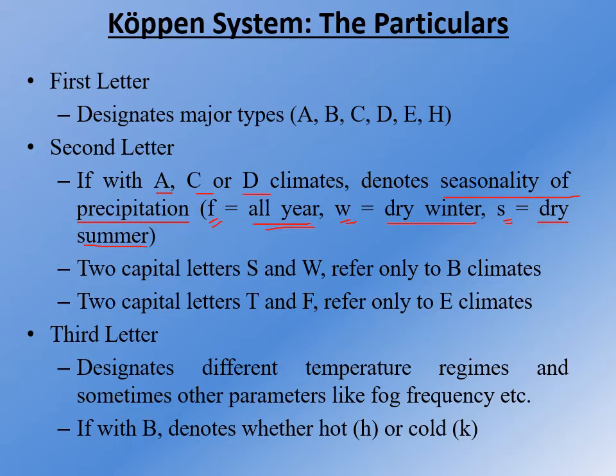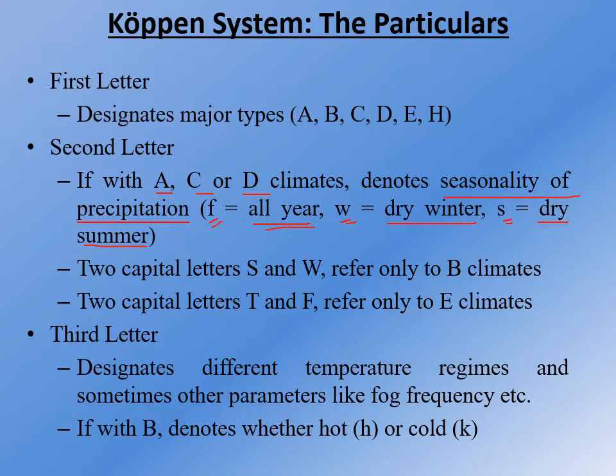But in case of B climate, Köppen used two capital letters, that is S and W, which is indicating the aridity of the climatic condition.